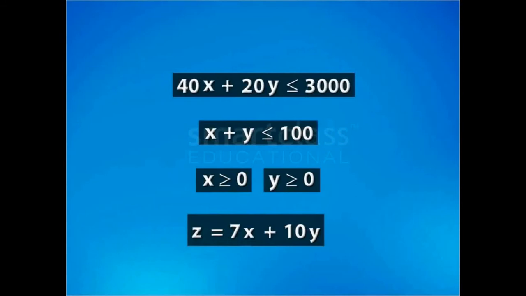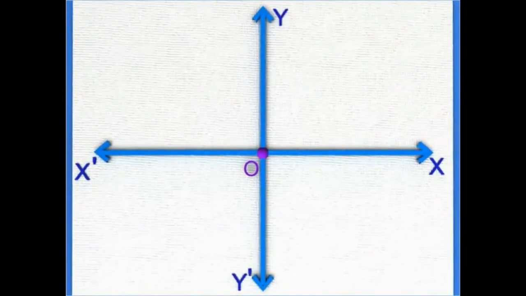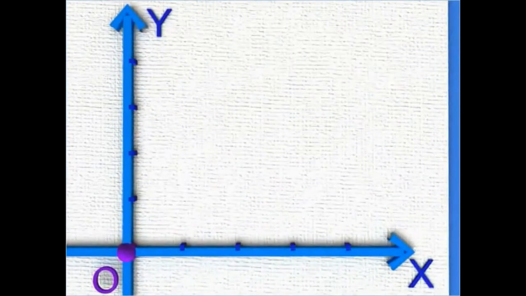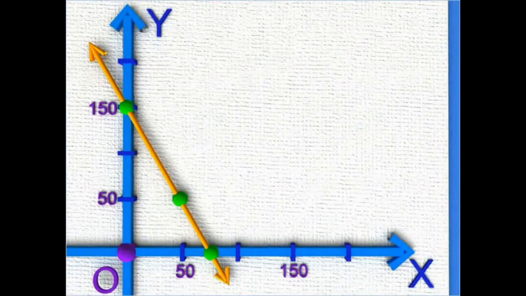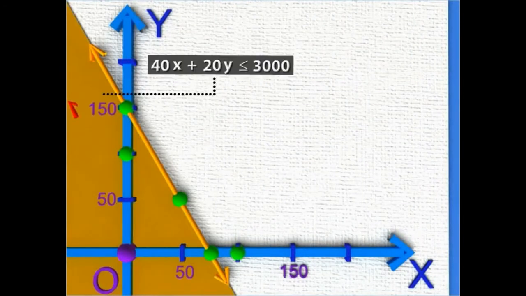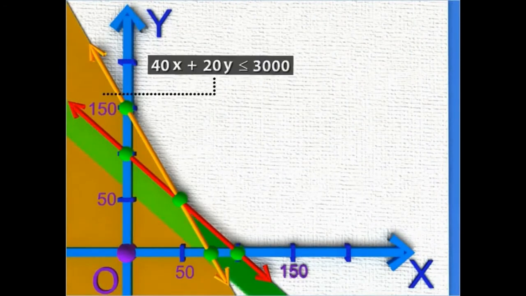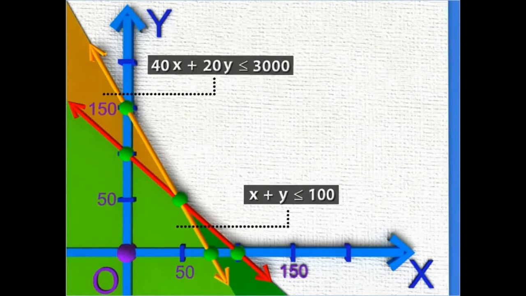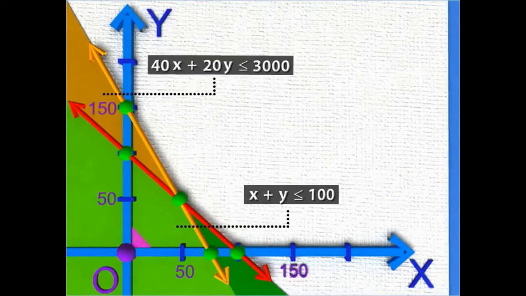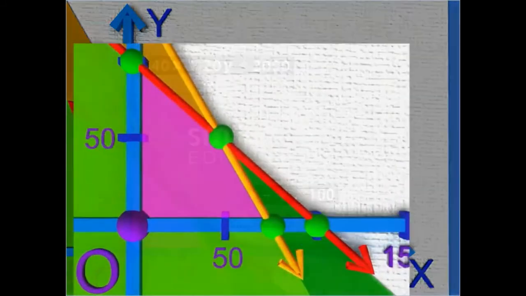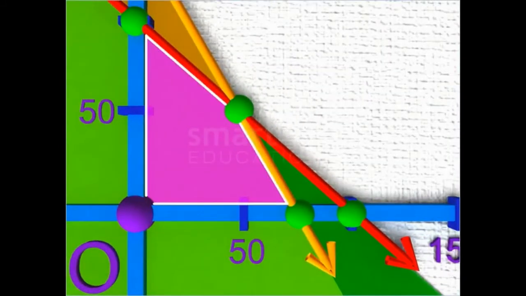First, draw the graphs of the constraints. Now shade the region that satisfies the constraints and the non-negative constraints. This region is called the feasible region.